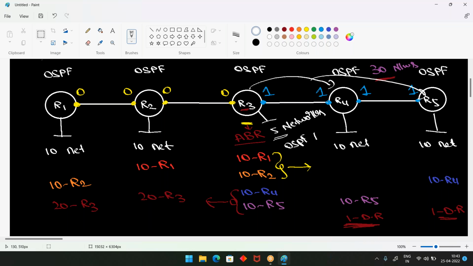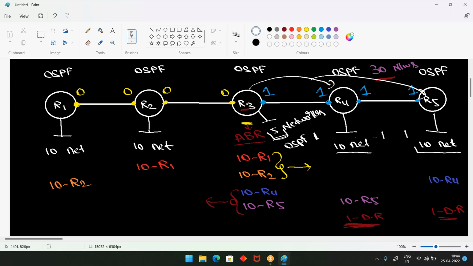Now the R1 and R2 routers receive 25 networks from the R3 router. This 10 networks belongs to which area? Area 1. This 5 belongs to which area? Area 1.